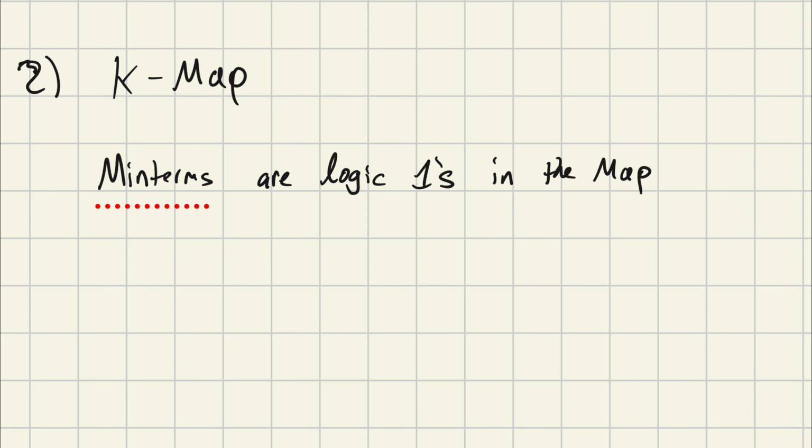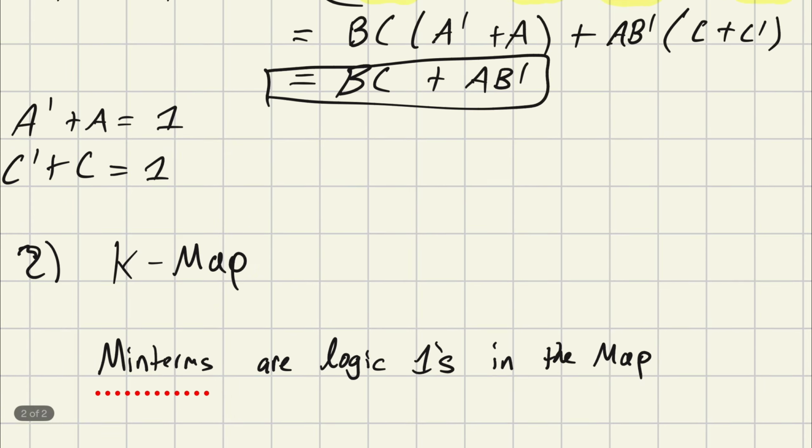What logic ones mean is that anything that yields your function a 1, whether that may be shown in your truth table or your expression itself, that whole term would correspond to a binary value, and that binary value can be converted into a decimal value, which corresponds to where in your K-map you will see a logic 1. So we can do that using our example over here.